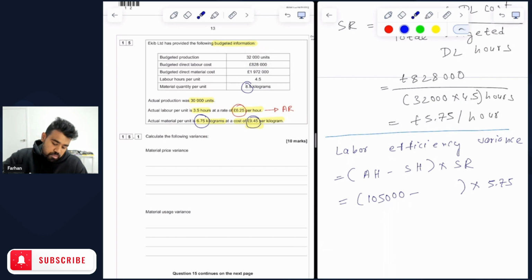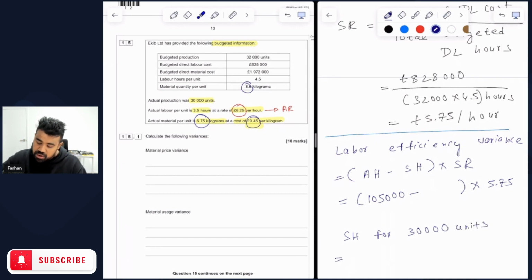But because we have produced 30,000 units, we always need to make sure our numbers are adjusted for the actual production volume. So the standard hour that we have to find now is for the 30,000 units that we have produced actually, and what would the budgeted labor or standard hours have been for producing these 30,000 units. That would be 30,000 times 4.5.